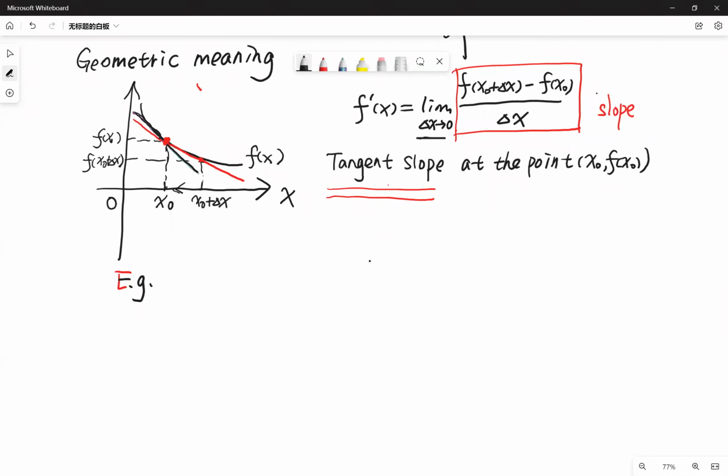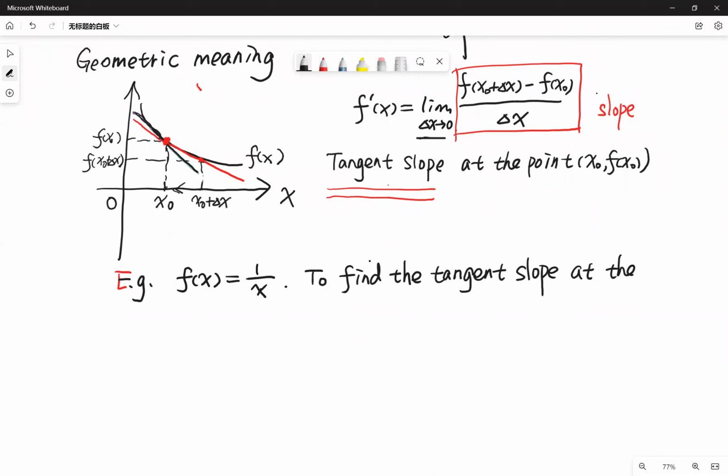First one, if I give you a function f(x) equals 1 by x, and I want to find the tangent slope at the point 2, 1 by 2.